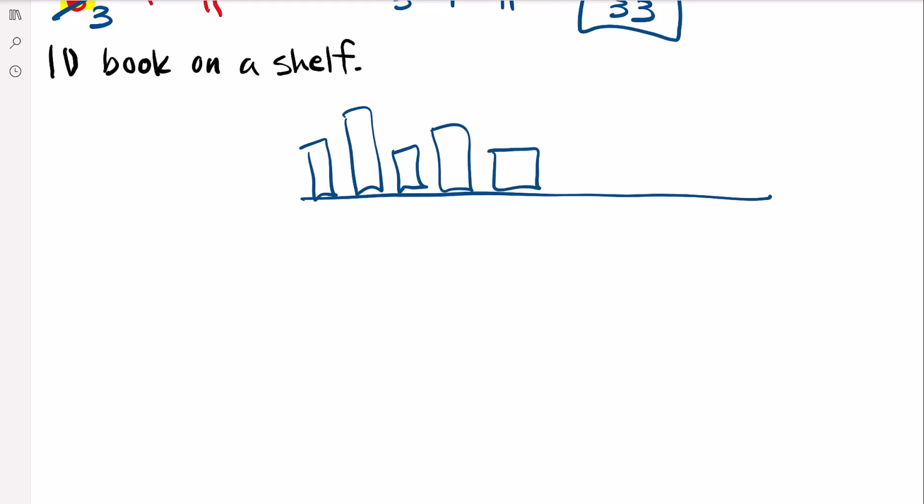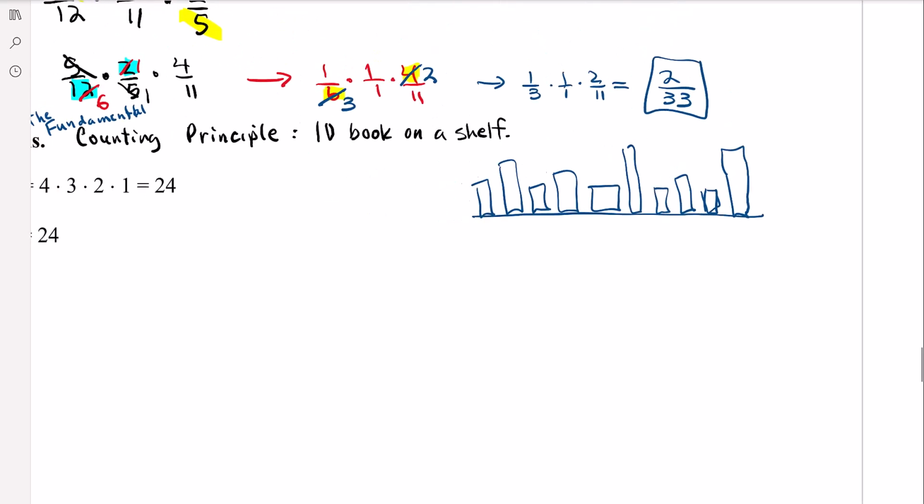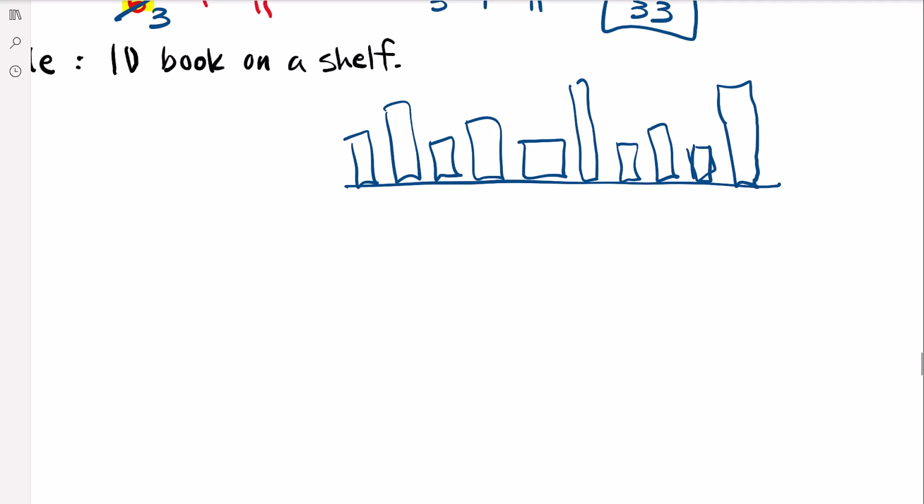Maybe a thesaurus, or maybe a comic book. I don't know. 1, 2, 3, 4, 5, 6, 7, 8, 9, 10. All right? And you ask your students, how many different ways could you arrange those books?